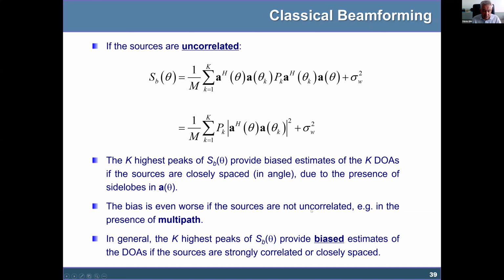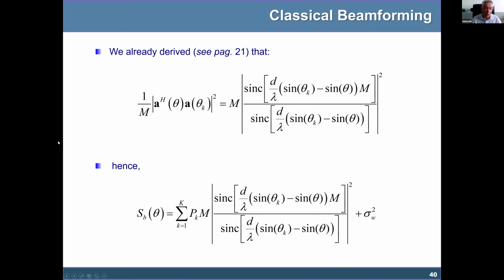And remember, typically the sources are correlated in the presence of multipath, because you receive from two different angles two signals, but these two signals have been generated by the same source, so they can be correlated.